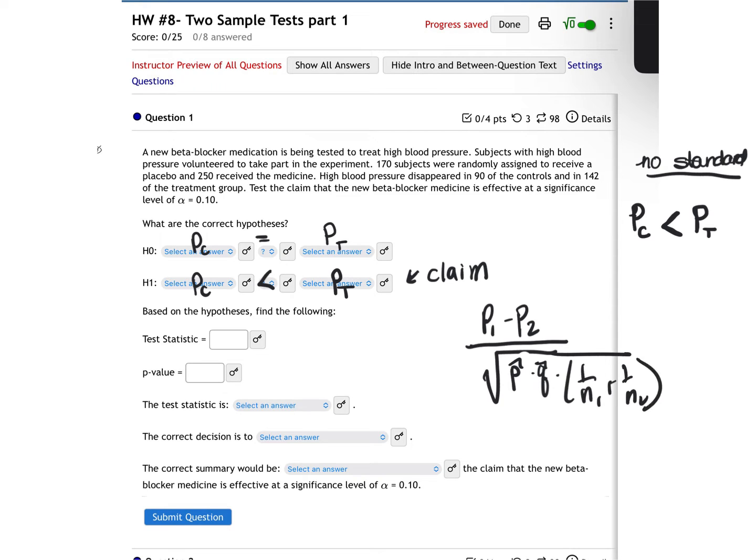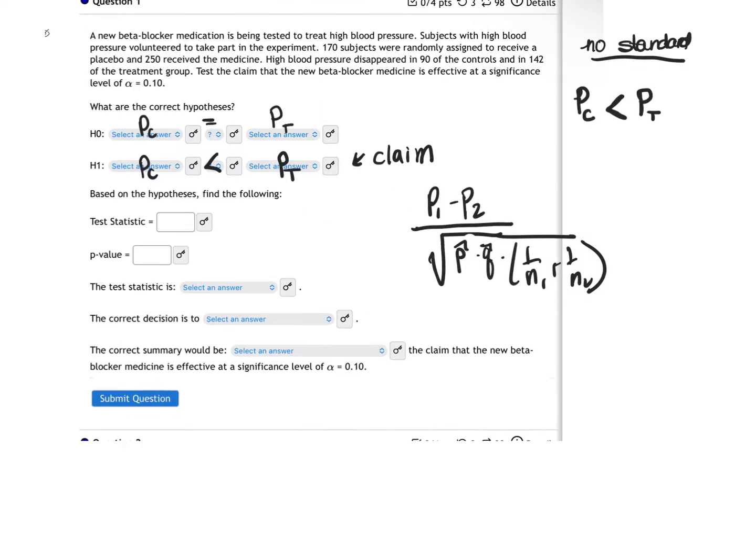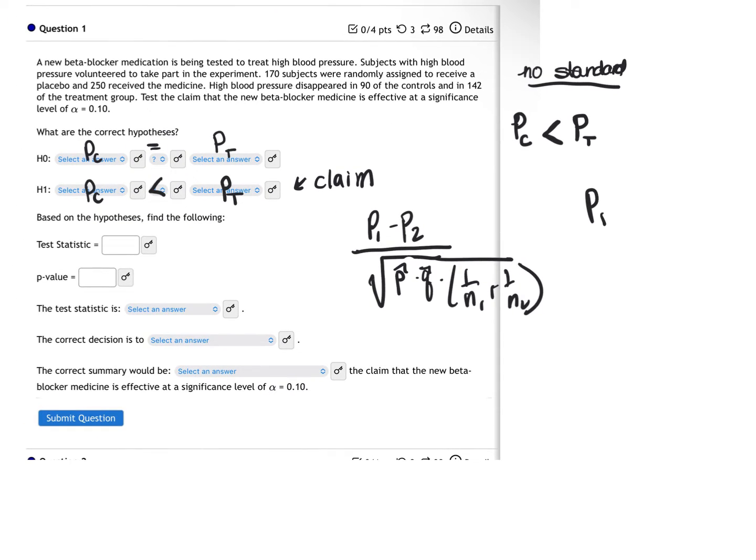All right, so let's go over what these are. P1 is the control group, 170 total, and that proportion that was successful in the control group would be 90 over 170.